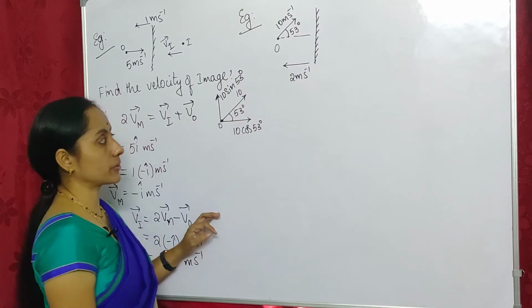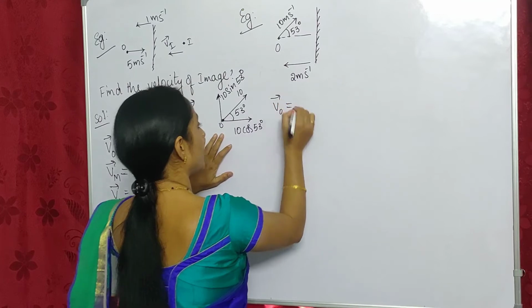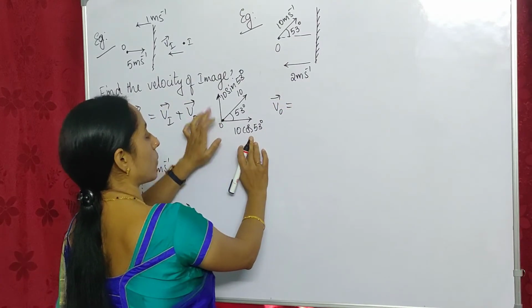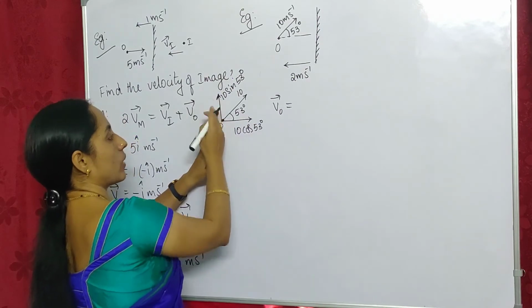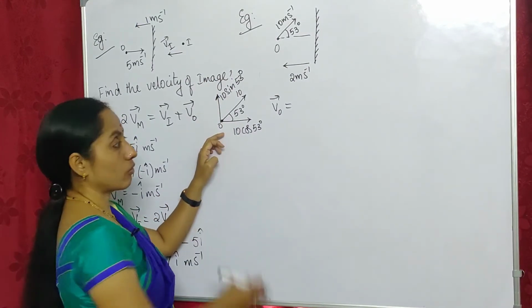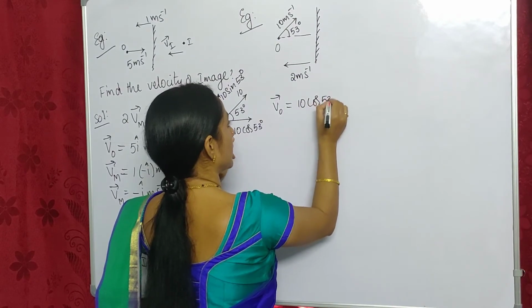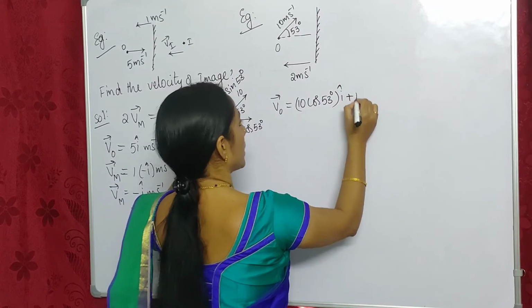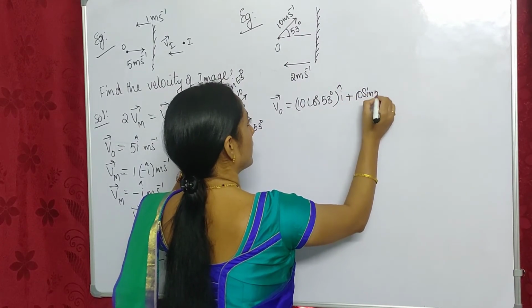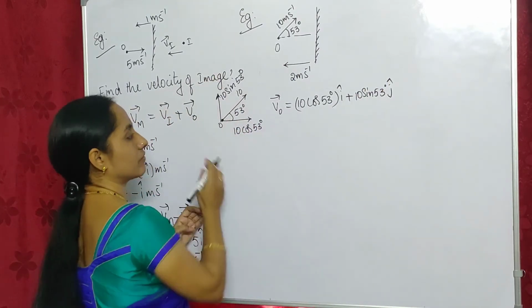So now how can I write VO bar? VO bar has an x component along the positive x axis and a y component along the positive y axis. So this is 10 cos 53 into i cap plus 10 sin 53 into j cap.